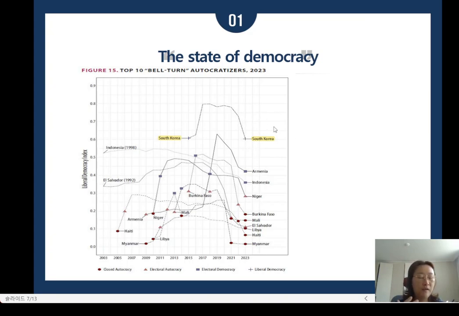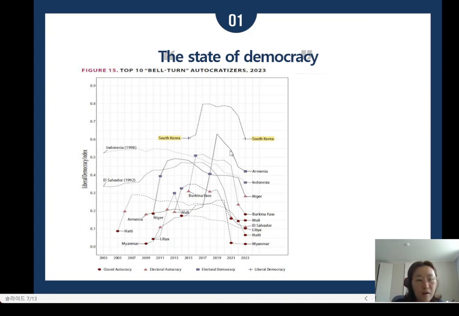That means even though a certain country became a democracy, it can return to non-democracy, like Turkey is a great example. I will show you next week what happened to Turkey, but South Korea is also a great example of what happens to the regime if we choose the wrong leader. So South Korea is backsliding toward non-democracy. Korea is still a democracy, but the level of democracy has retreated.